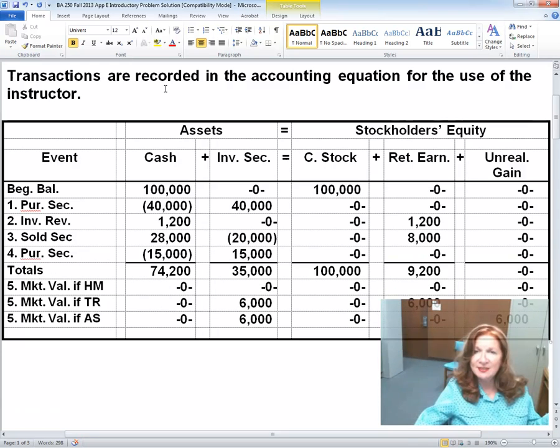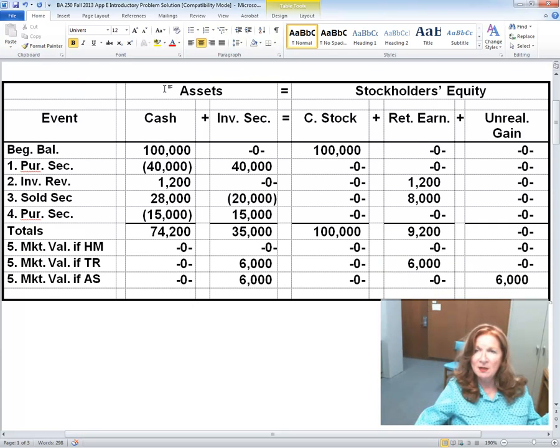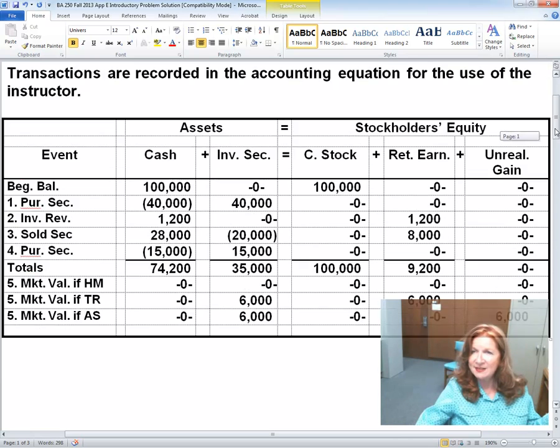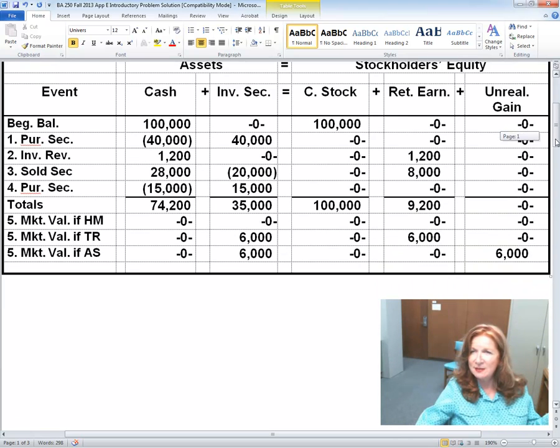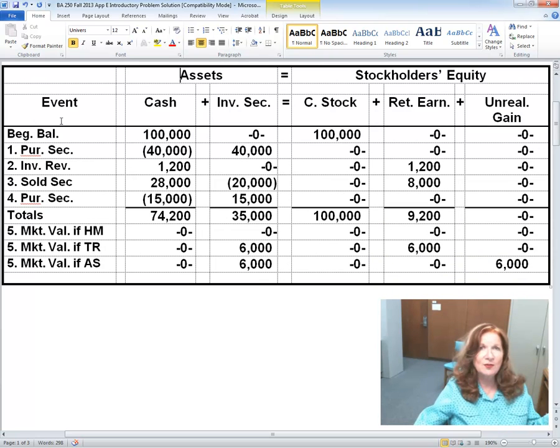We haven't done the vertical statement model for a few weeks now, in fact several weeks. The vertical statement model is, here's the assets, here's the owner's equity, that's all we have in this particular transaction. Here are the events.